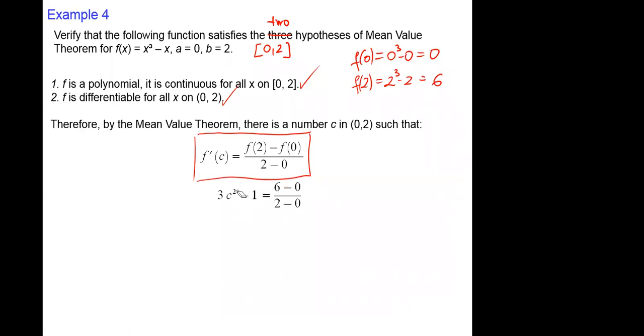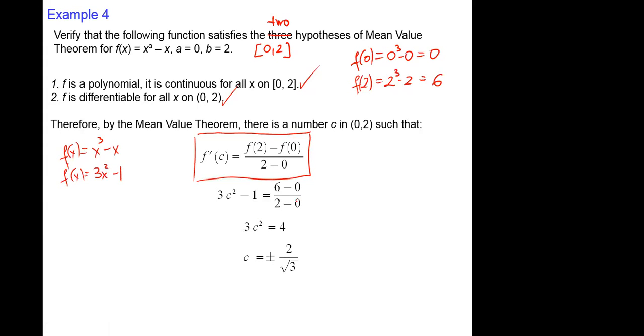Yeah, let's just check. This is the derivative, because having a function x cubed minus x, I will have 3x squared minus 1. I just keep c for x, but it's the same thing. And then 6 minus 0 over 2 minus 0. 6 over 2 is 3, adding 1 to both sides is 4.